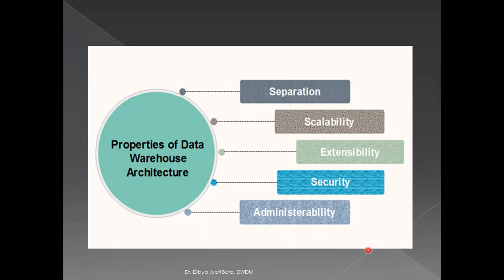And the main properties behind that are: first, separation; second, scalability; third, extensibility; fourth, security; fifth, administrability. Now separation, extensibility, security, and administrability are very much clear to you. But there is a technical term here, that is scalability. Can any one of you tell me what it means by scalability?